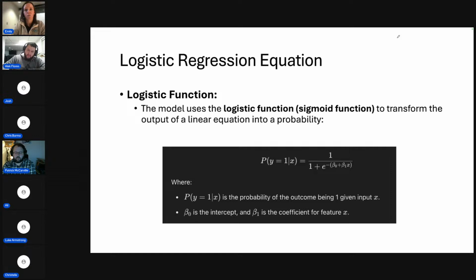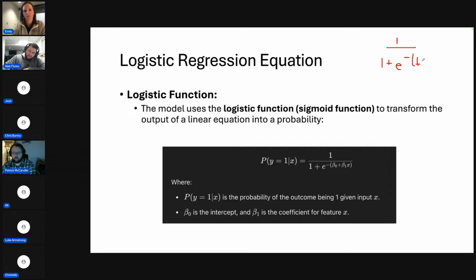The formula is 1 over 1 plus e. E is a mathematical number. You guys remember that? Just like pi, it represents an actual number. Like pi is 3.14, e actually represents a number. So 1 over 1 plus e, and then we have our formula here.